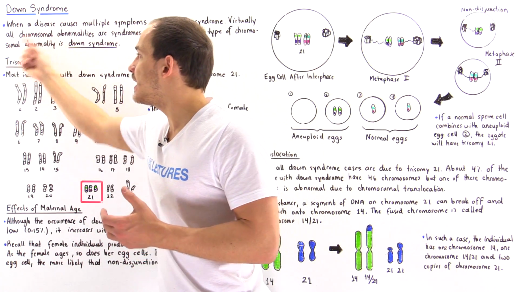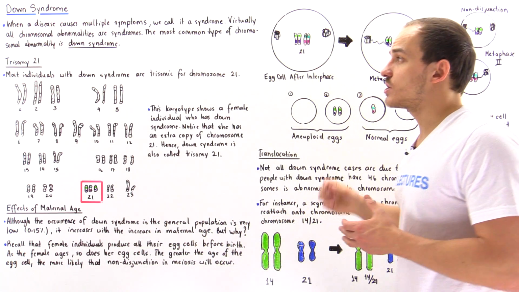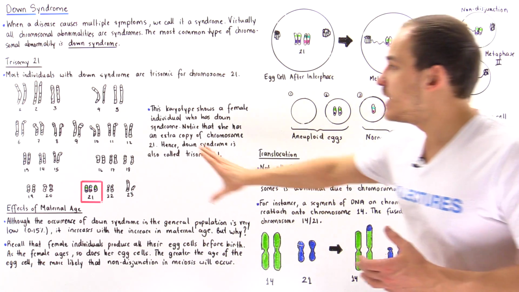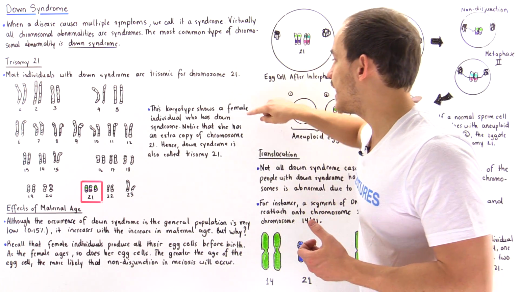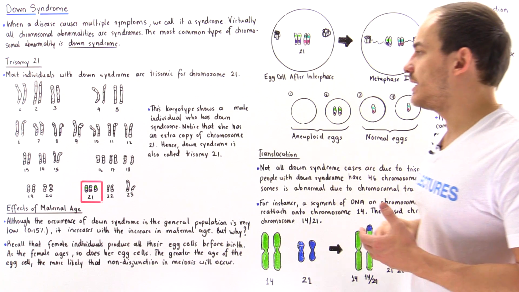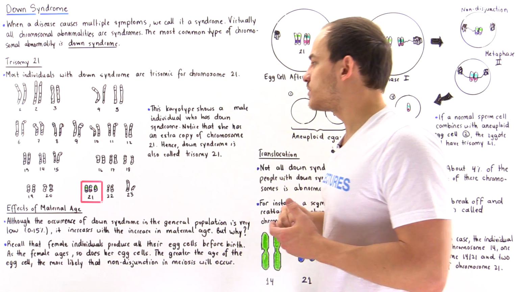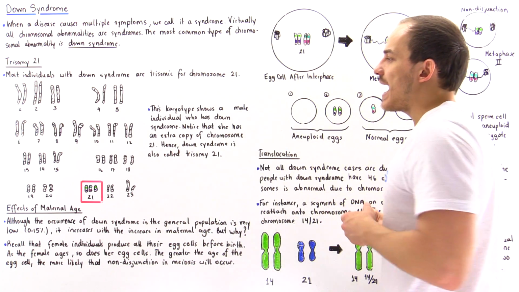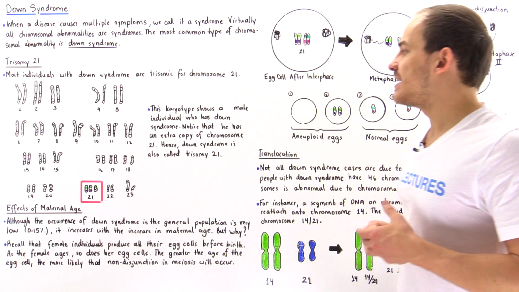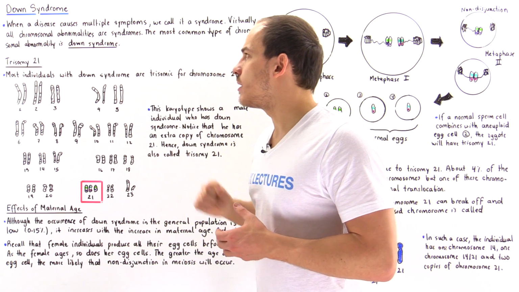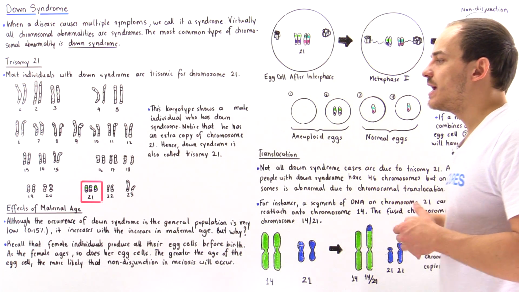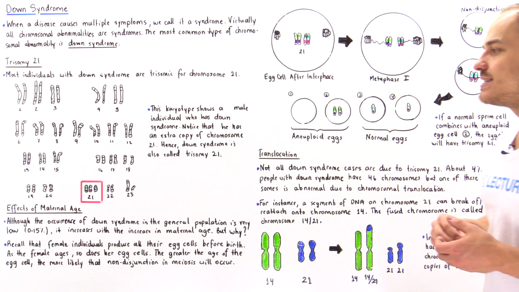And so that's why this condition is known as trisomy 21. This is the karyotype of a male individual who has Down syndrome. Notice that he has an extra copy of chromosome 21, and hence this form of Down syndrome is said to be trisomy 21 Down syndrome.